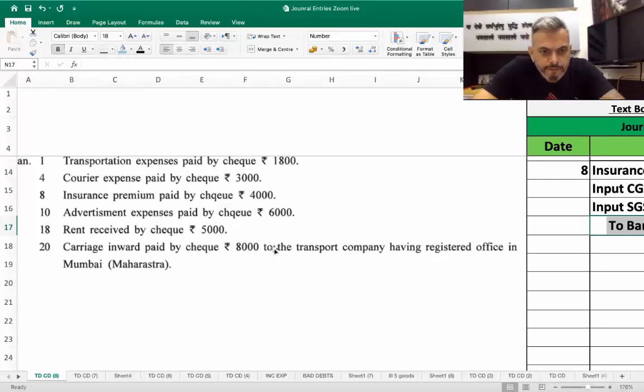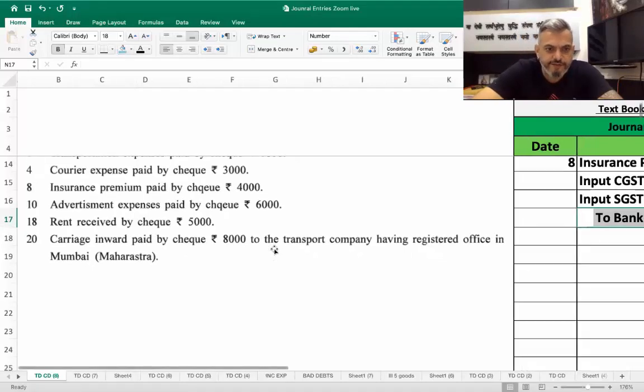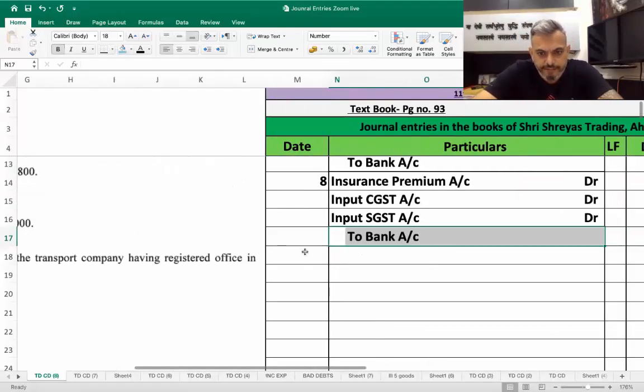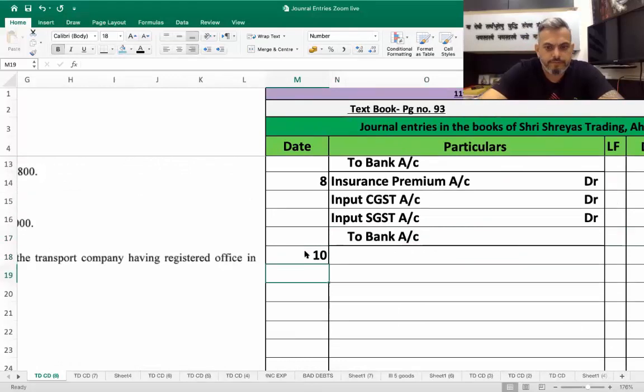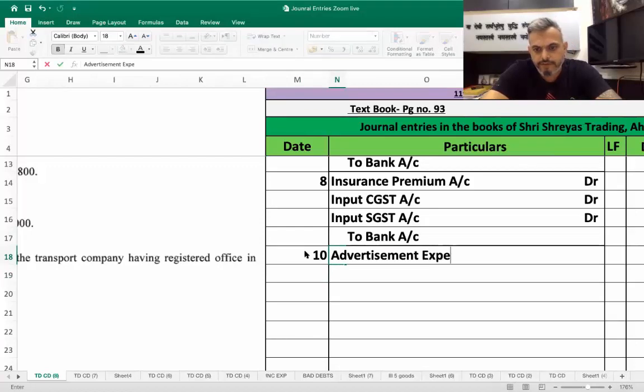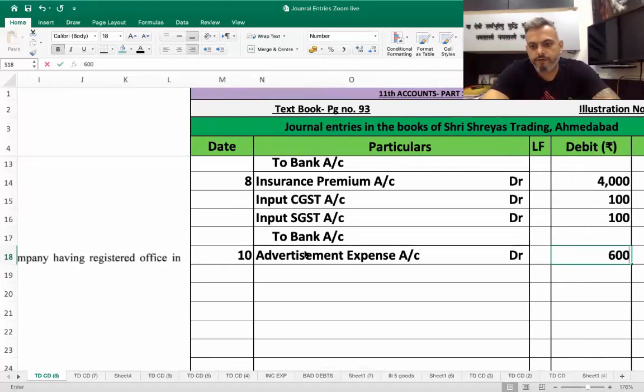Next, advertisement expense paid by check 6,000. So advertisement expense account debit 6,000.